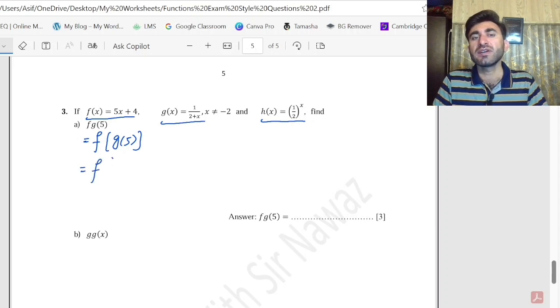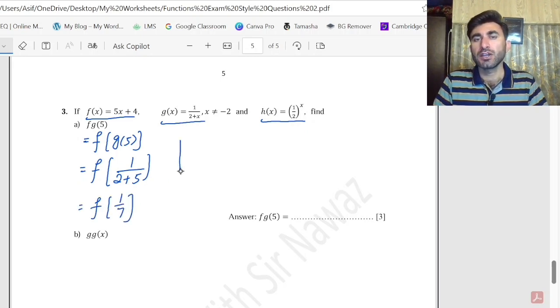So what will be the value of g of 5? Means we are going to replace x of g of x with 5. So it shall become 1 upon 2 plus 5, and it becomes f of 1 upon 7. Now because the function f of x equals 5x plus 4, f of 1 upon 7 will become 5 times 1 upon 7 plus 4, and when we add it, it will become 7 in the denominator.